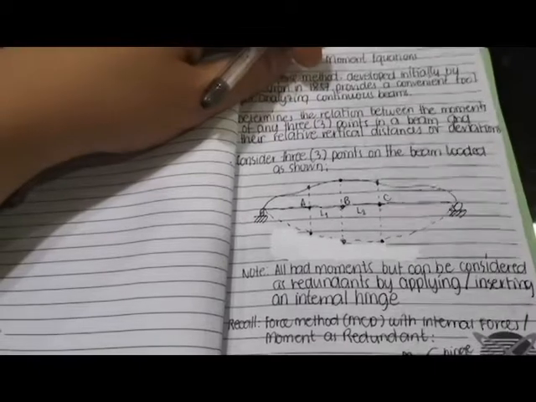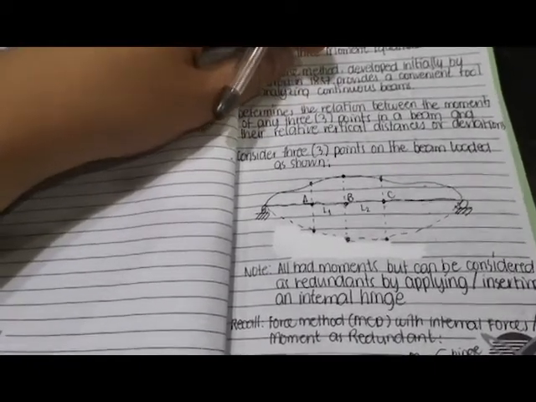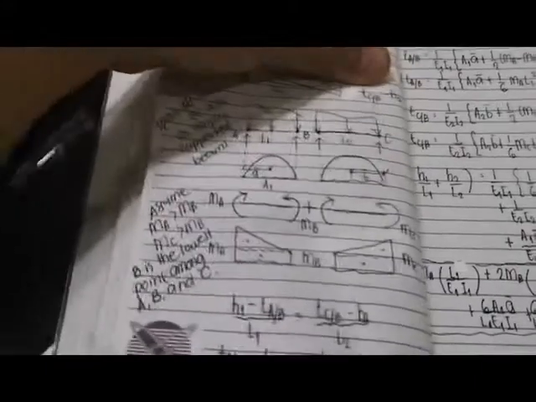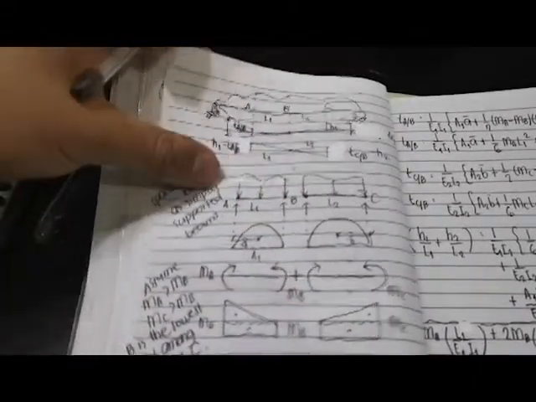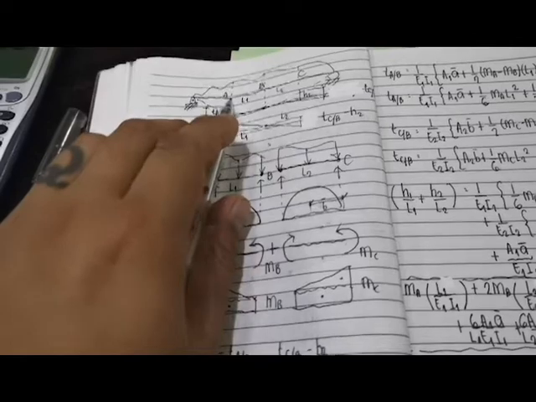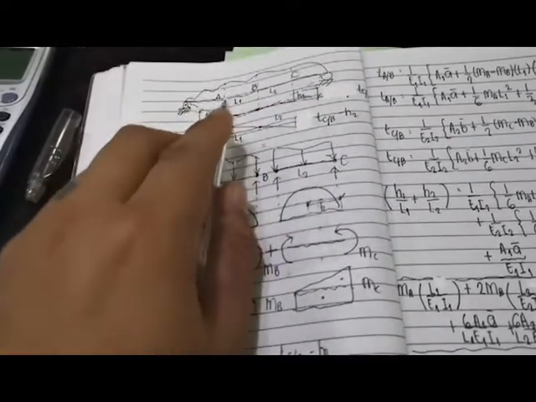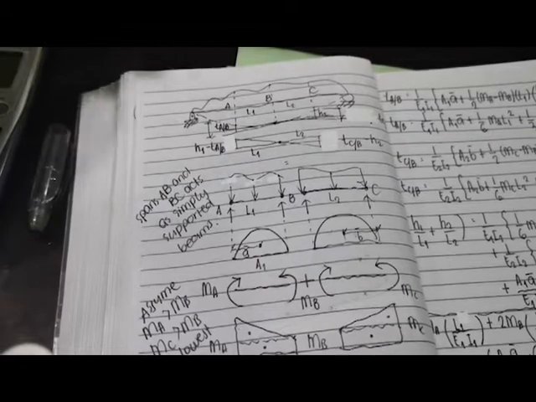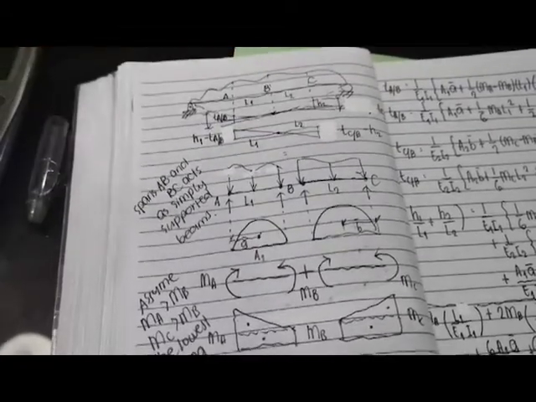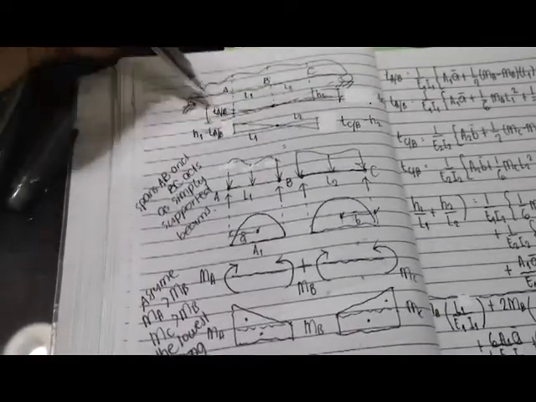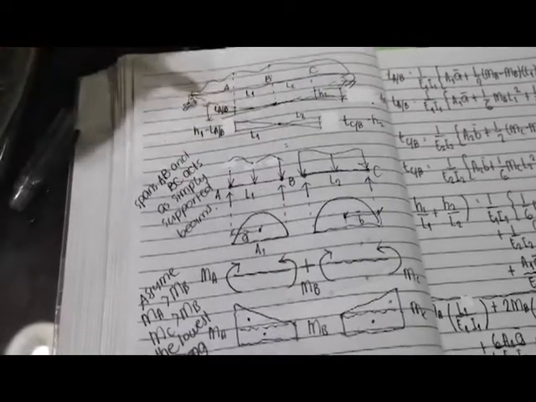Next, we're going to derive a formula. How are we going to derive it? We consider a simply supported beam and the points A, B, and C within the beam, subjected to any type of loading, and we assume this will be the shape of its elastic curve when subjected to load.